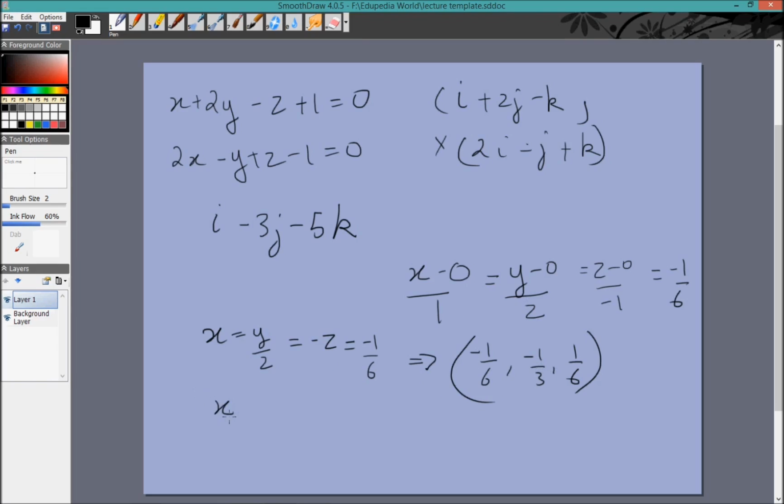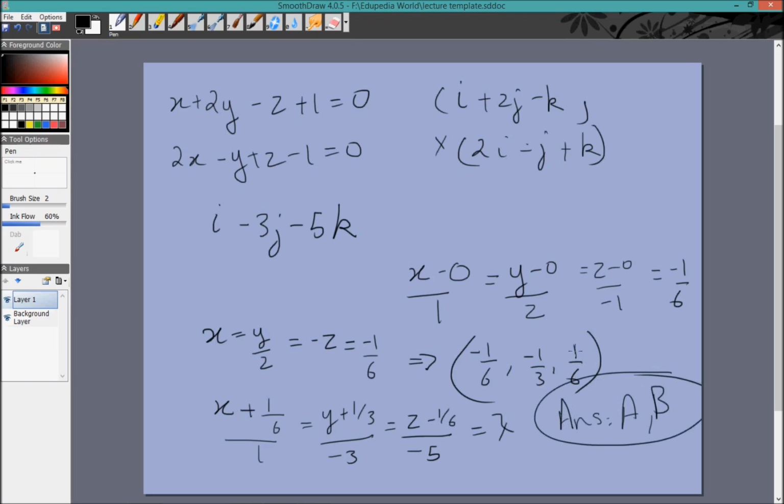Right, so it will be x plus 1 by 6 by 1 equal to y plus 1 by 3 by minus 3 is equal to z minus 1 by 6 by minus 5, equal to lambda. So any points which are in these ratios will satisfy, and if you look at all the points given, only the first 2 points satisfy this particular result. So my answer will be A and B.